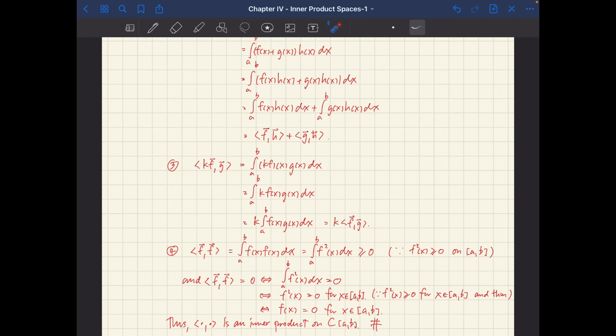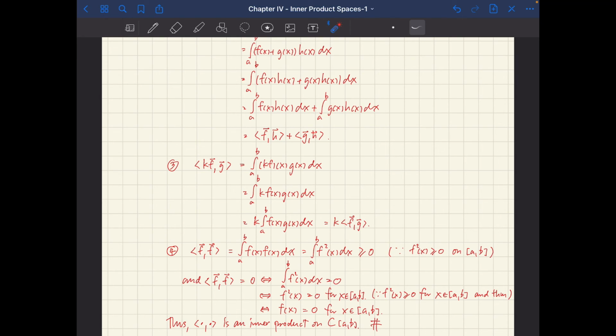For number 4, the first part is quite easy. Why? Because the inner product of f and f is the integral of f squared dx, and this term is greater than or equal to 0 because f(x) squared is positive, right? We have a theorem about the integration of positive functions.